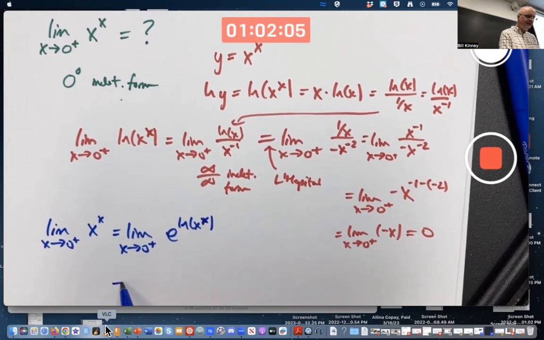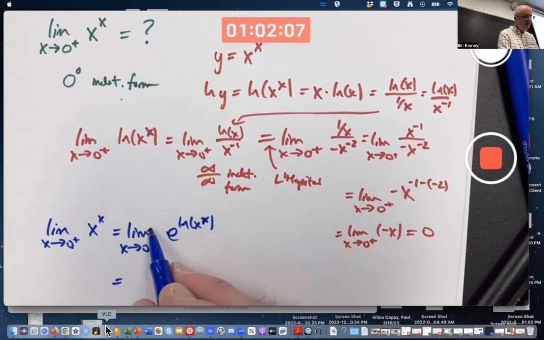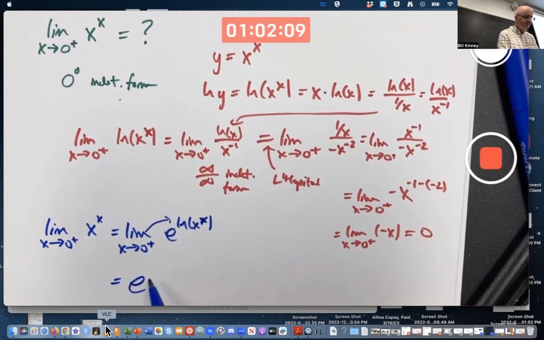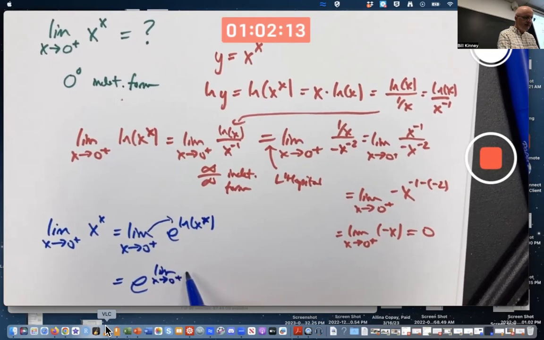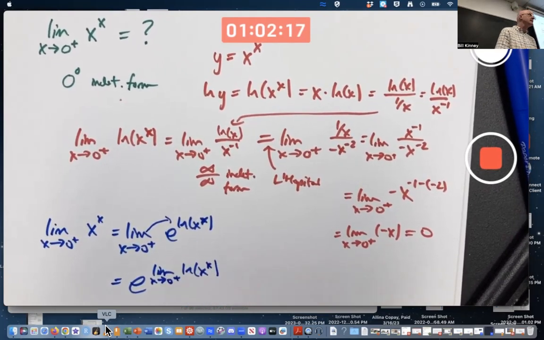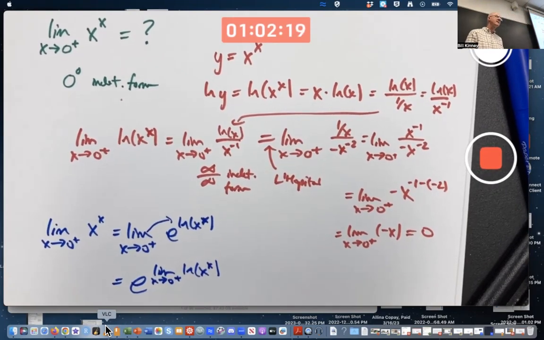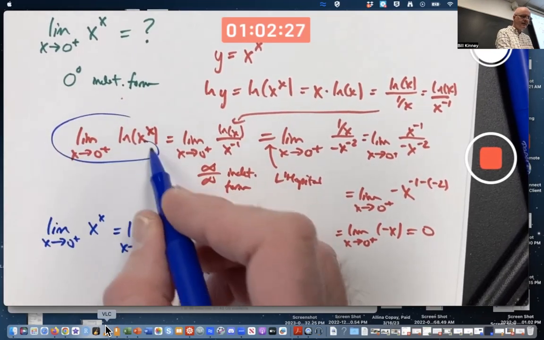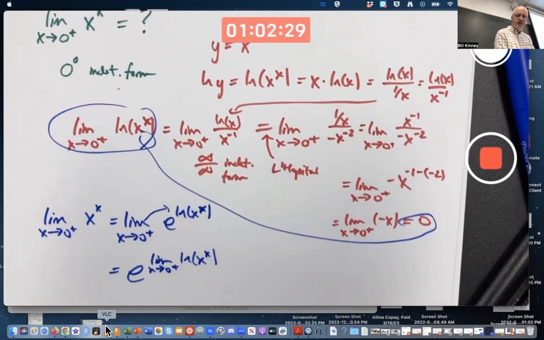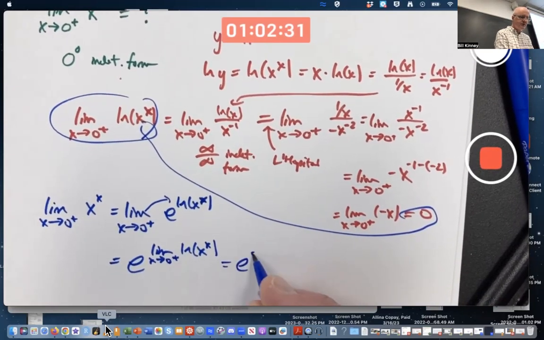And then it turns out the limit sign can be brought up into the exponent. You might wonder why. Why is that allowed? The reason is because e to the x is a continuous function. I won't go into details, but that's something you can do. The limit can go into the exponent. And we just figured out that limit to be 0. Therefore, this is e to the 0, which is 1. Done.